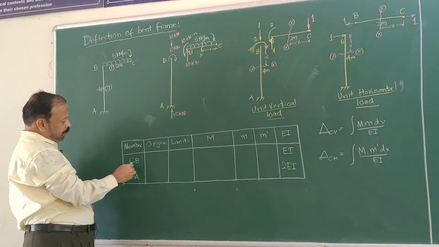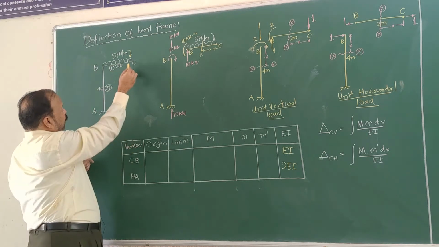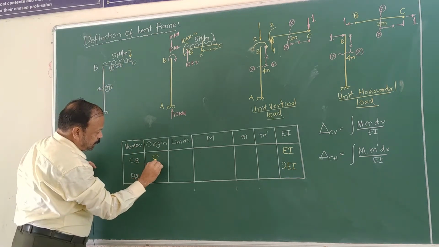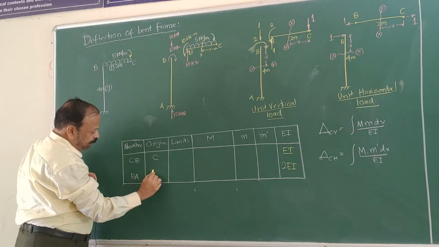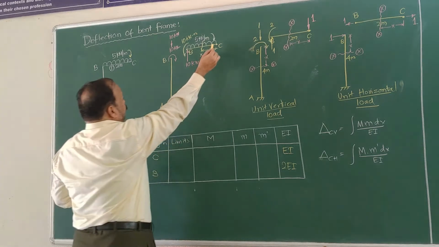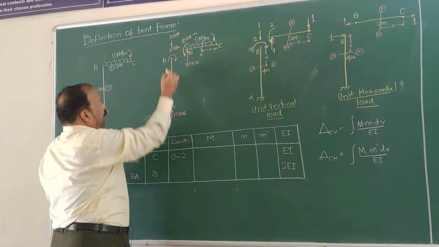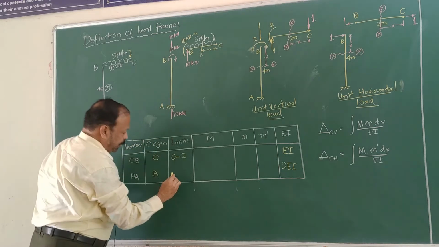So we list member CB as one portion and member BA as another portion. For member CB, I will take the origin as C, and for member BA, I will take the origin as B. The limits will be from 0 to 2 meter for CB, and for BA it is 0 to 4 meter.